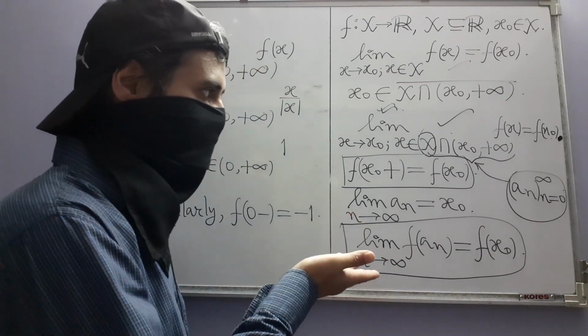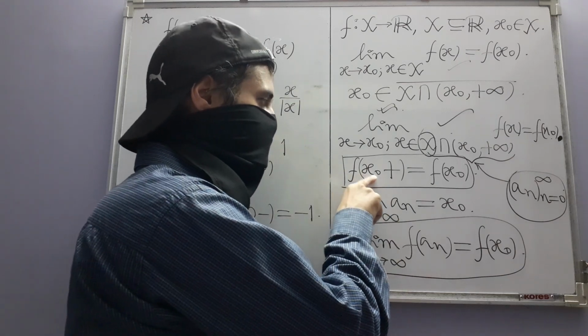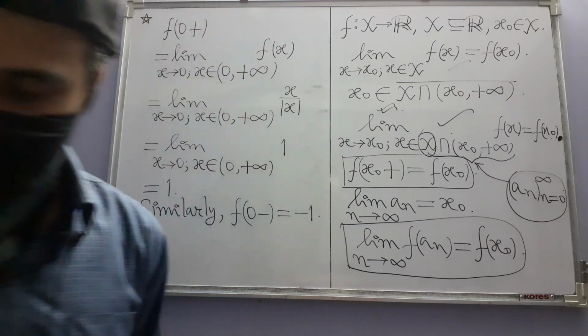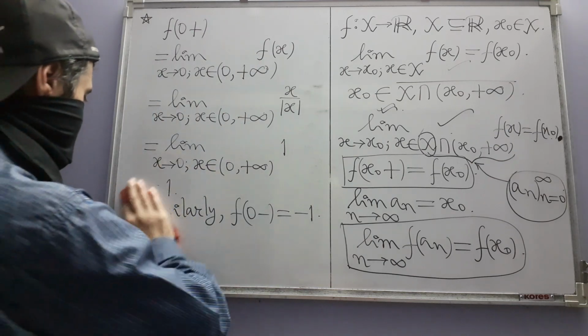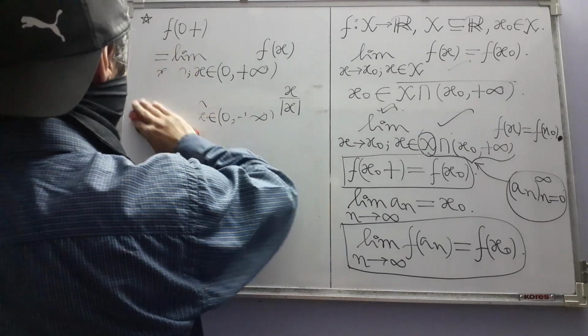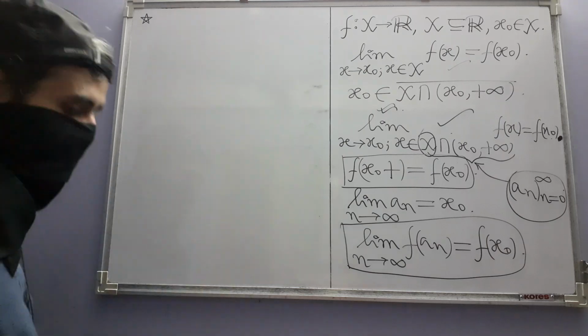You can similarly show that the left limit of f at x naught also exists and is equal to f of x naught.